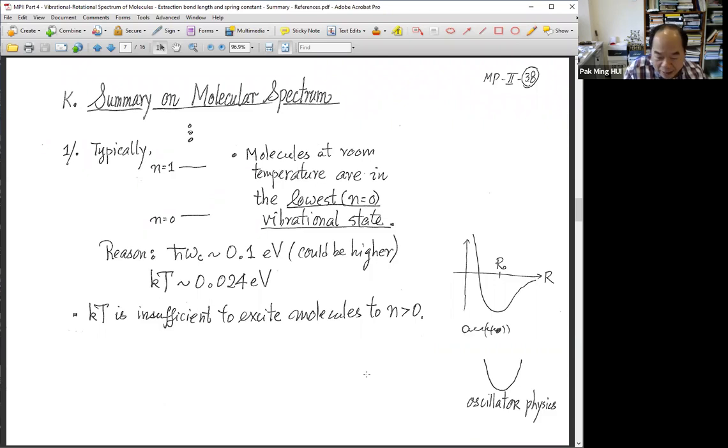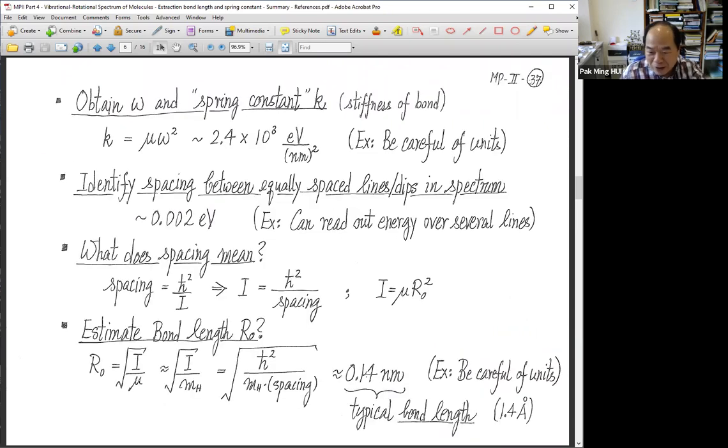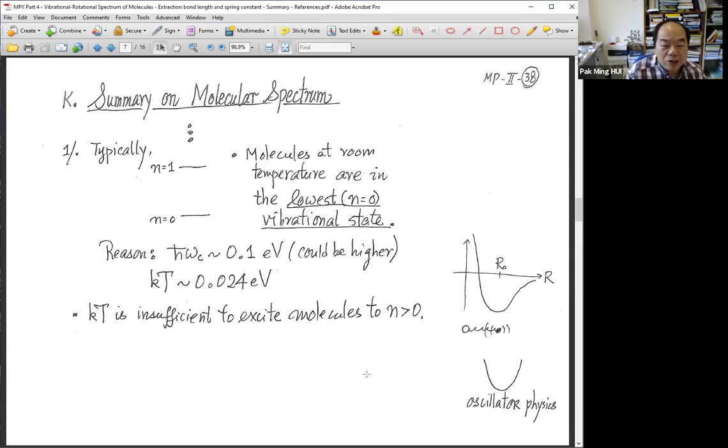The rest, now that we are done about the content here, okay? So at this point, basically, we are done with the whole molecular physics module. I just summarized what we did. So we have this molecular spectrum part. We have vibrational energy, typically in the infrared. And then thermal energy usually is not sufficient to populate molecules here.